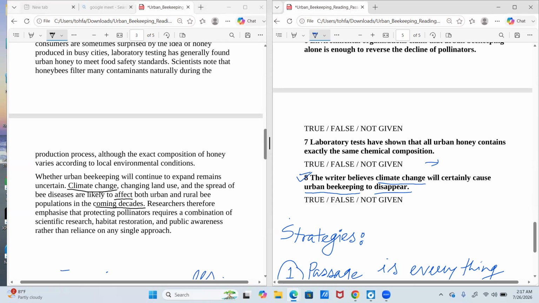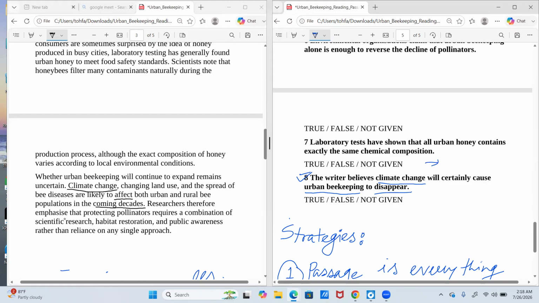So it says climate change, changing land use, and the spread of bee diseases are likely to affect both urban and rural bee populations in the coming decades. So it says climate change is going to affect the bee populations, but it hasn't mentioned whether they would disappear or not. So let's try reading some more lines.